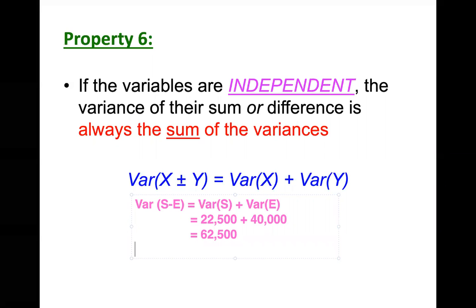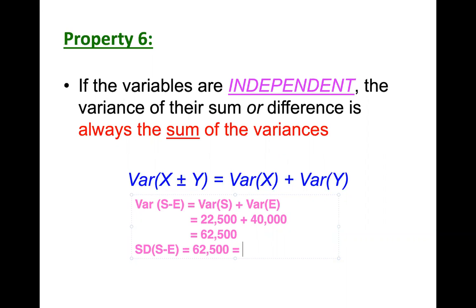And ooh, this was a little tricky. It asks, what is the standard deviation? It doesn't ask for the variance, it asks for the standard deviation. So if I want to find the standard deviation of what I just found, I need to take the square root. So square root the 62,500.